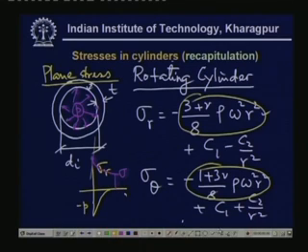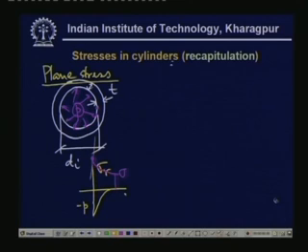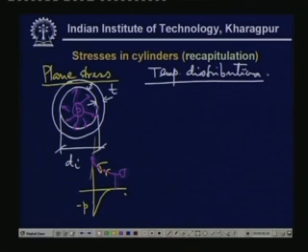Now, if it is subjected to a thermal load, that is what we have discussed earlier, if there is a temperature distribution throughout this thickness, the temperature varies as a function of r. So, this is temperature T, capital T, which is a function of r.